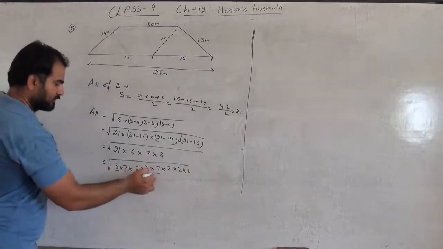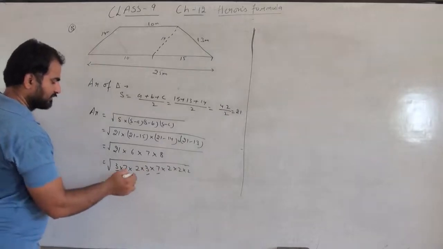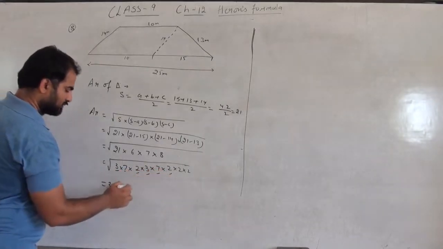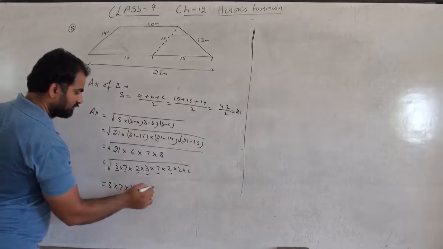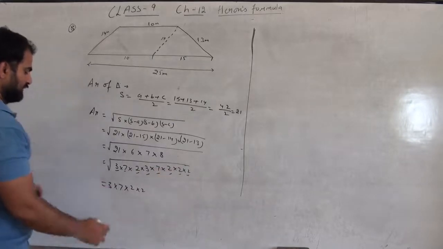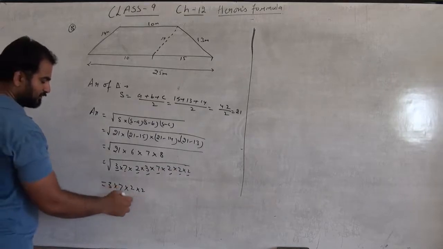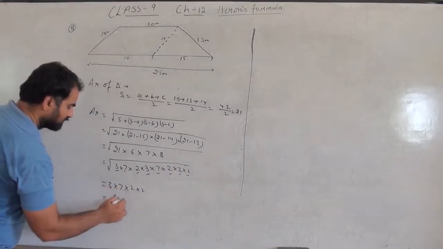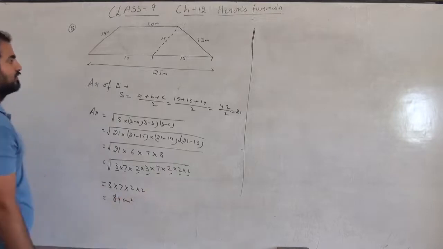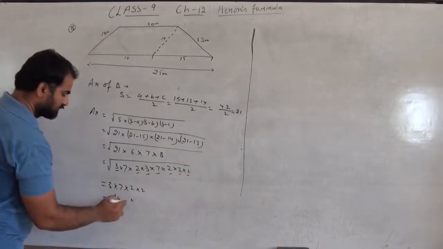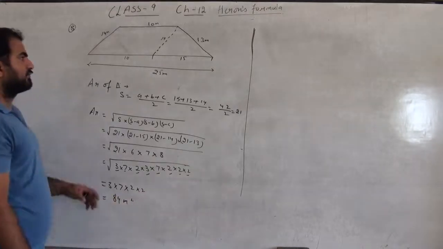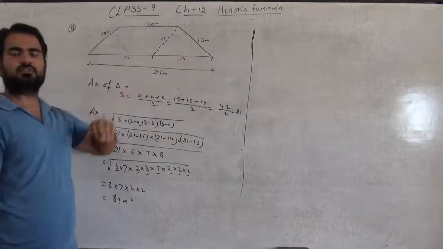We got a pair of 7 also, it will be 7. A pair of 2 also. It will be 2 into 2, because another pair is there. So 7 into 3 is 21. 21 into 4 is 84 meter square. Okay, so 84 meter square is the area of this triangle.